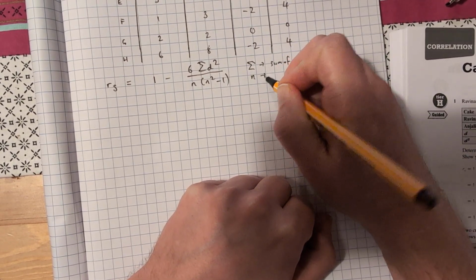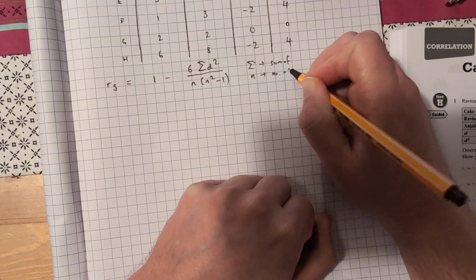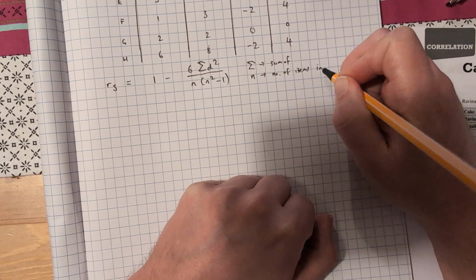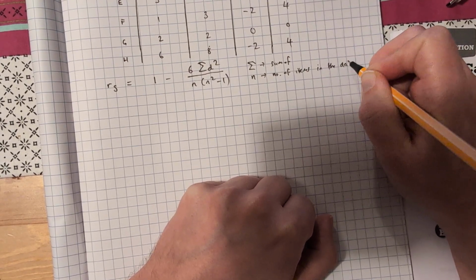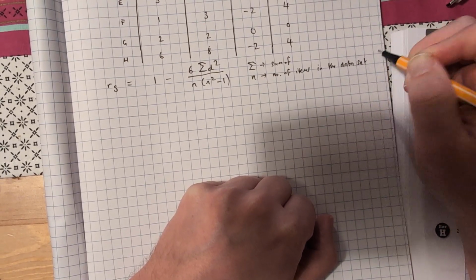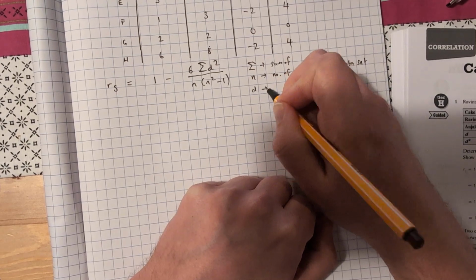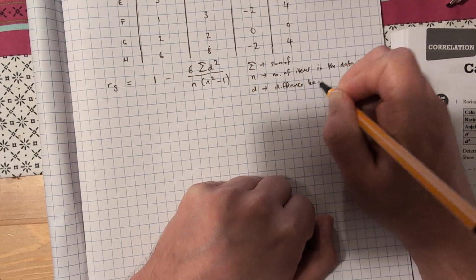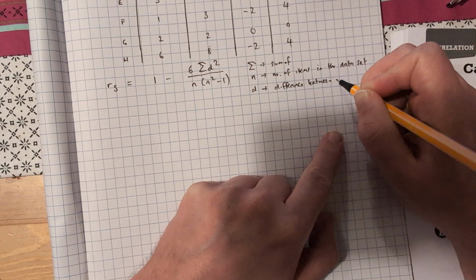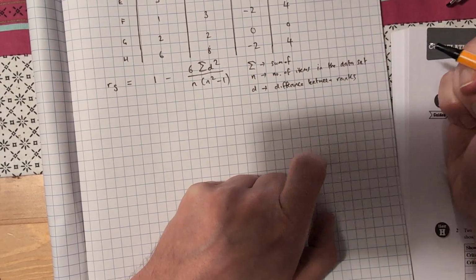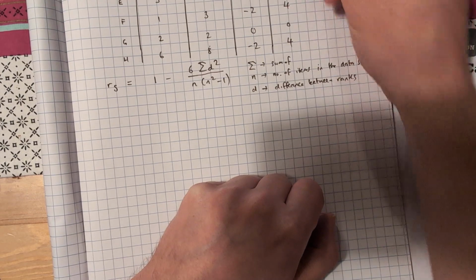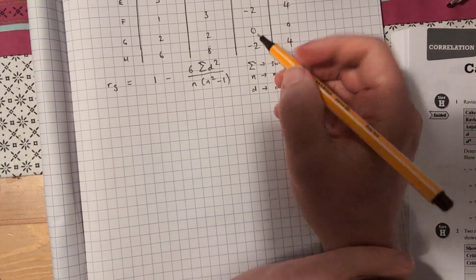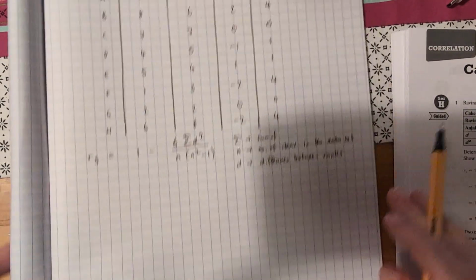N is the number of items in the data set. And D is the difference between ranks. All right. So the first thing we're going to do is write out the formula again with the information that we know from the table.